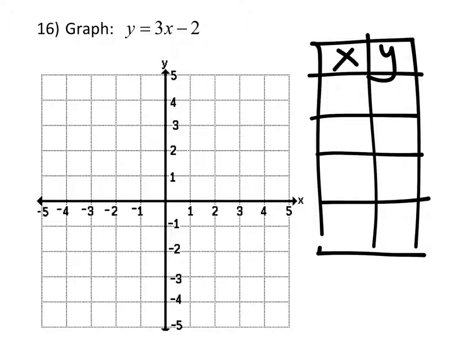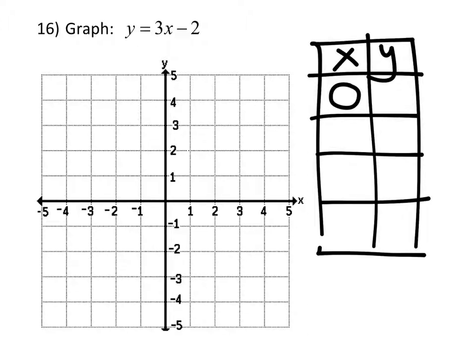So choosing values of x, again, they should be values that run along this line here. So, I mean, if we choose the middle value, hopefully that's on there, right? And that is x is 0.